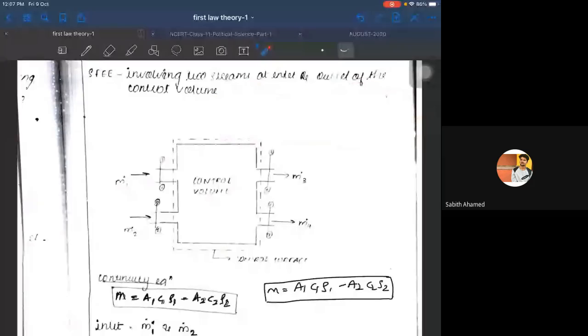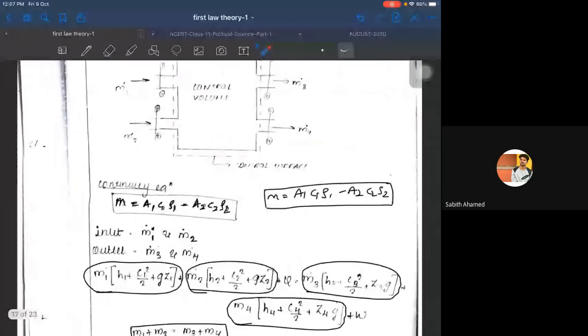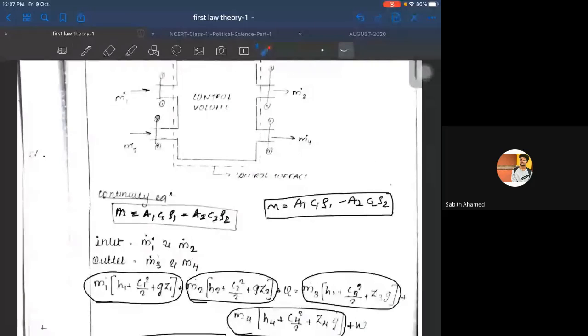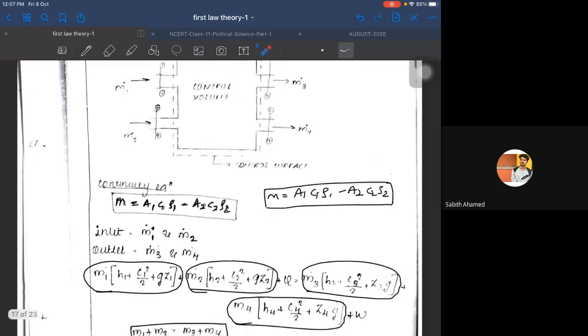So this is your energy balance: m dot 1 into h1 plus c1 square by 2 plus g into z1, plus m2, which is again an entry, so that is why it is on the LHS of the expression: m dot 2 into h2 plus c2 square by 2 plus g into z2, plus heat flow Q, this is very important, is equal to the outlets now: m3 into h3 plus c3 square by 2 plus g into z3, plus m4 into h4 plus c4 square by 2 plus g into z4, plus your work done.